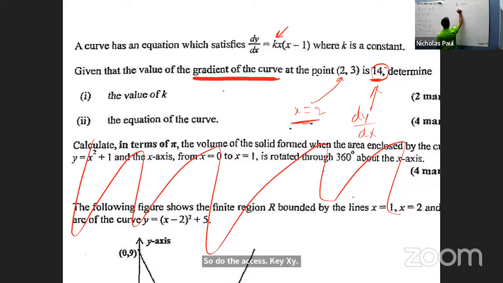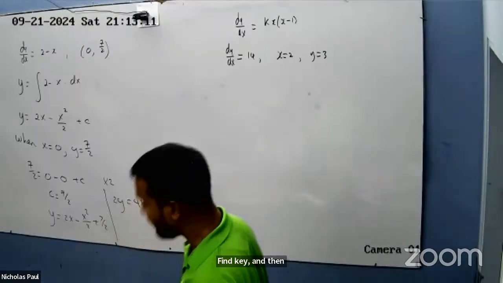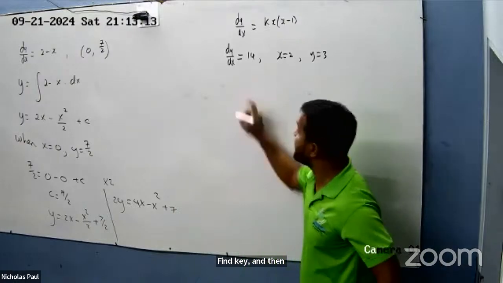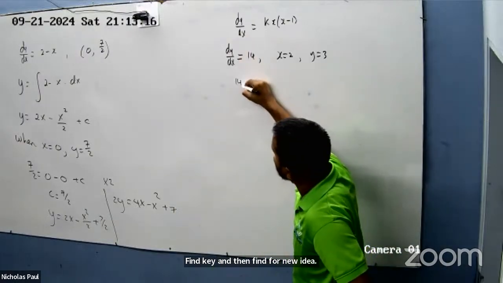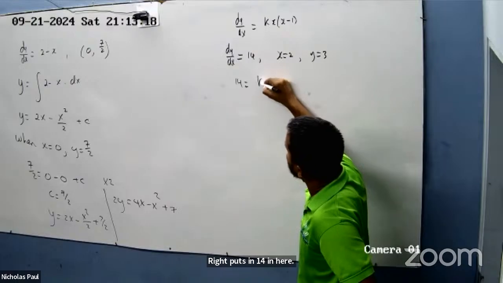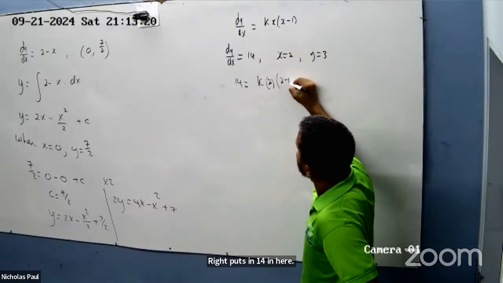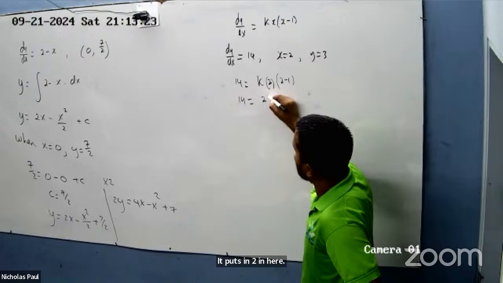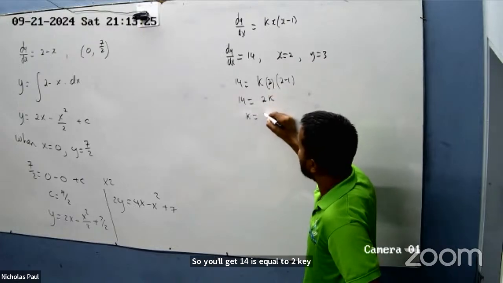The question said that dy/dx is 14, x is 2, y is 3. Find k and then find dy/dx. So you put in 14 here, you put in 2 here, so you'll get 14 is equal to 2k, k is equal to 7.